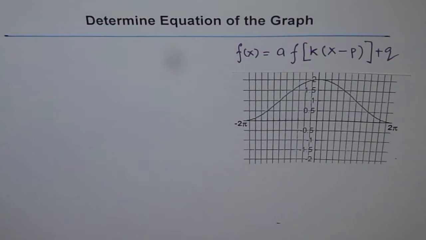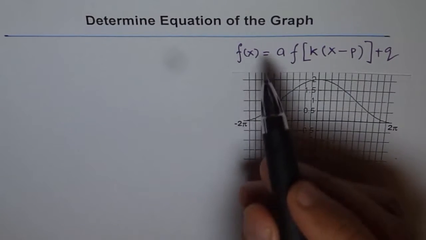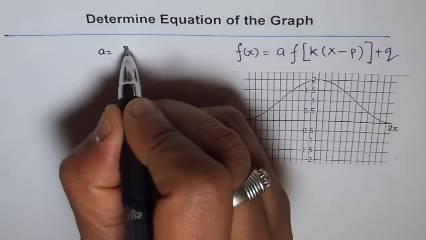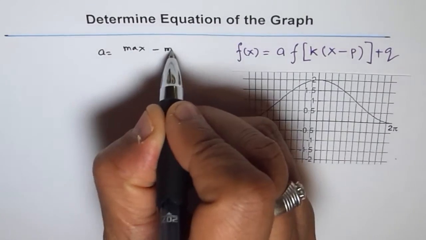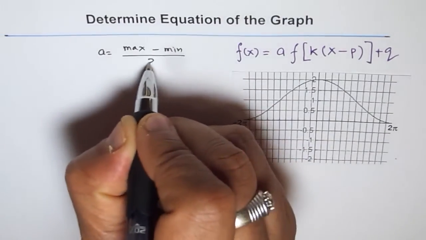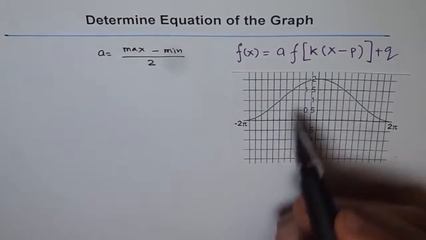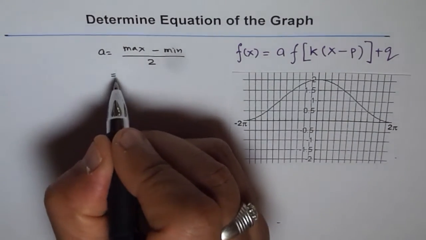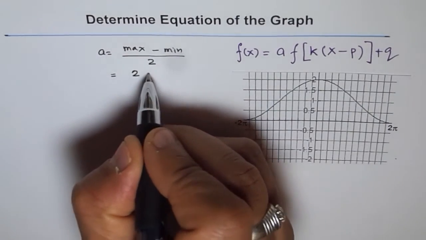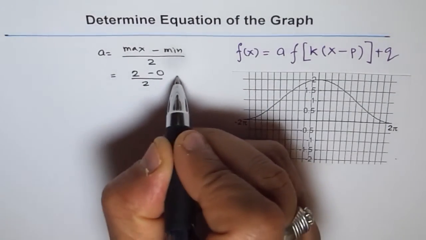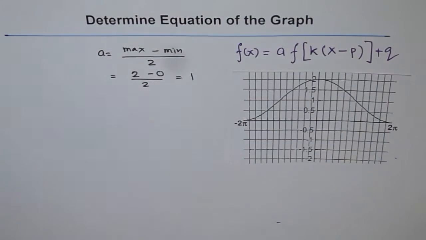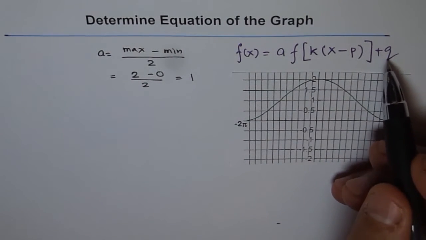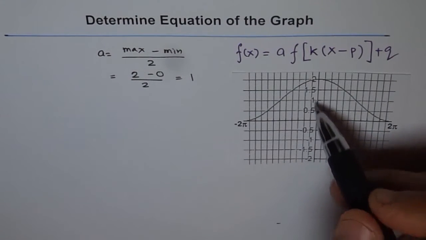Now, we can find a by writing a equals maximum value minus minimum value, divided by 2. The maximum of the graph is 2 in this case, and the minimum is 0. So a is (2 − 0)/2, which is 1. So that is a. Now q is the vertical transformation.